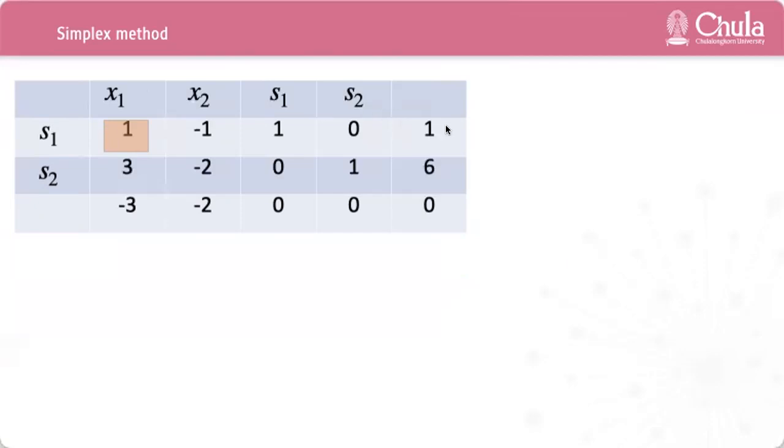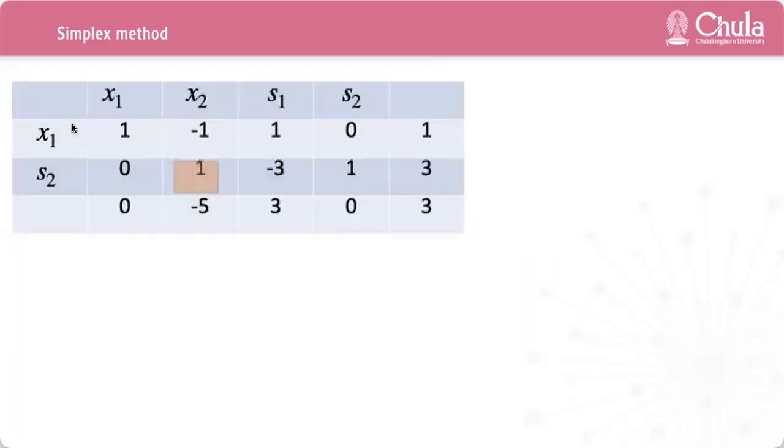In this case, we consider b over a, right? B over a here is 1, b over a here is 2. So this is the smallest positive one. So we introduce x1, and we remove s1.